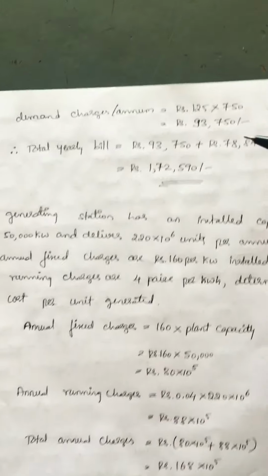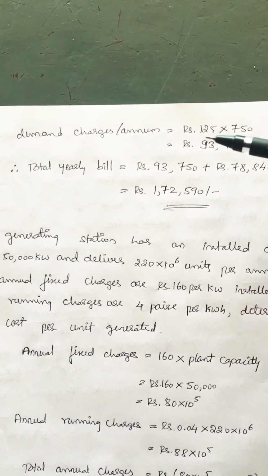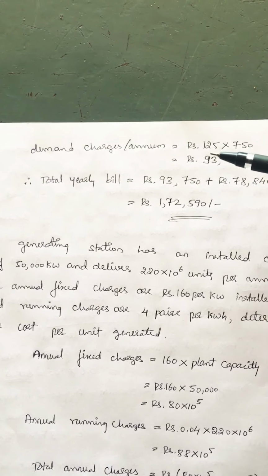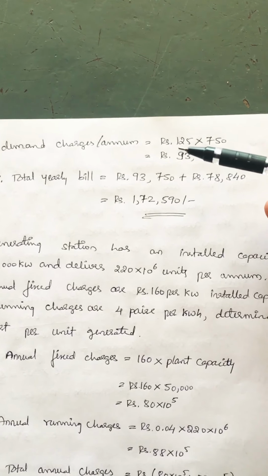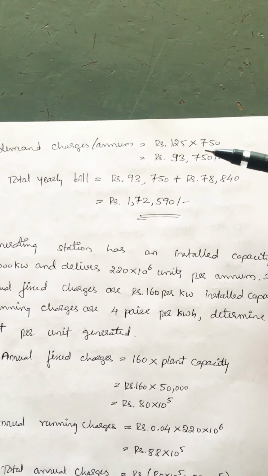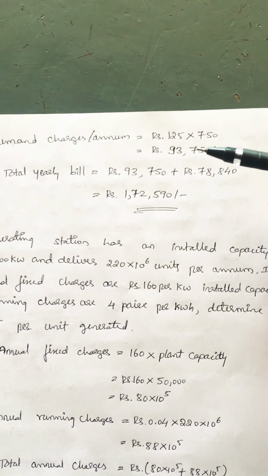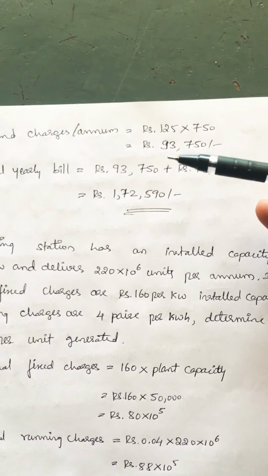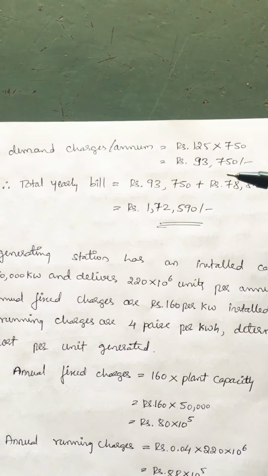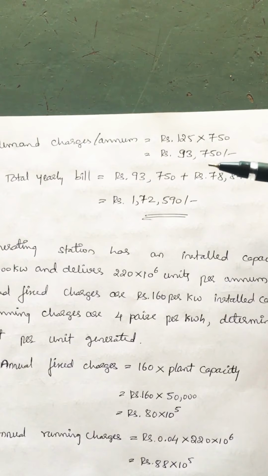Once we obtain the maximum kVA demand, the demand charges per annum are calculated as the maximum kVA demand into the demand tariff, that is rupees 750. If you solve this, we will get the answer as rupees 93,750. This is the demand charges per annum.